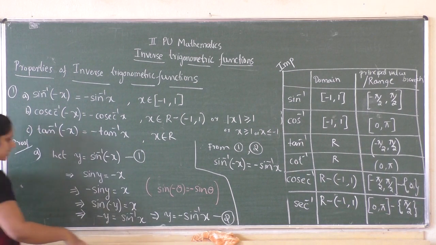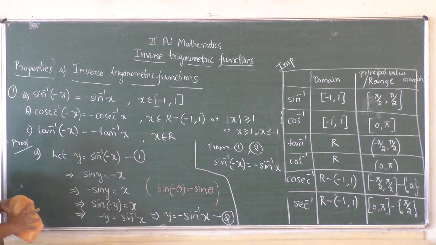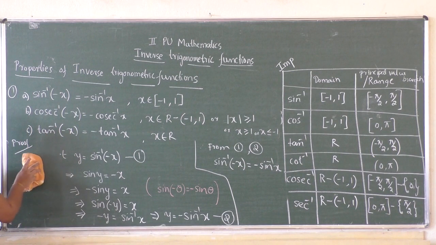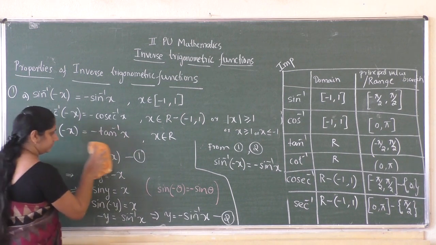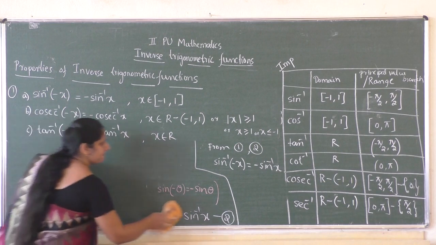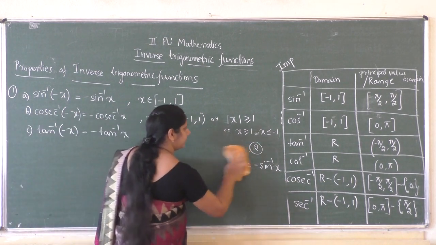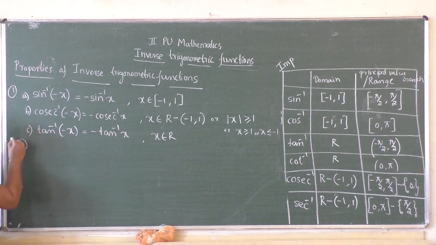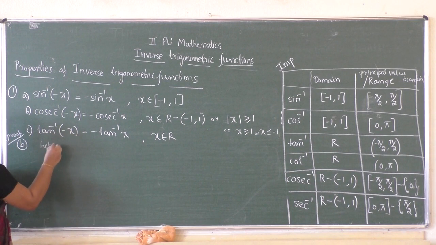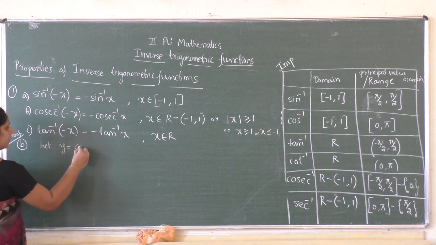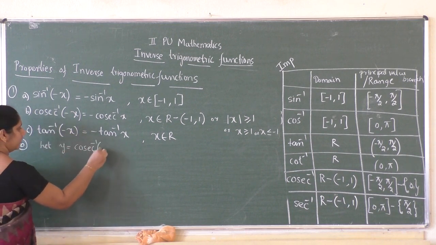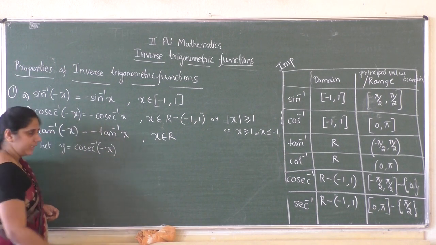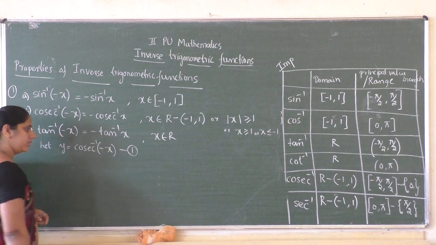Similarly we will prove the second. This is proof for B, same type. So let y equal to cosec inverse of minus x and take this as equation 1.